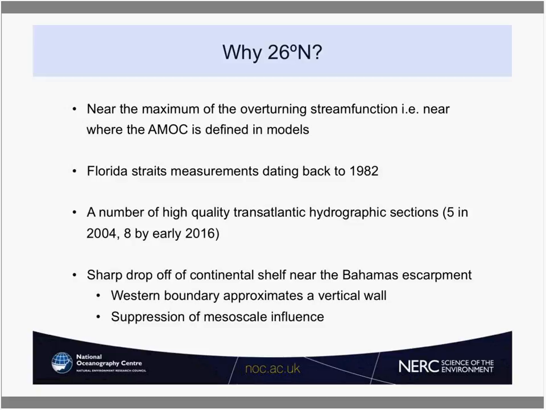Secondly, this vertical wall approximation suppresses the mesoscale influence, and that was some work done by Torsten Kanzow in the early years that really validated these as a measure of a pretty meridionally coherent overturning circulation.